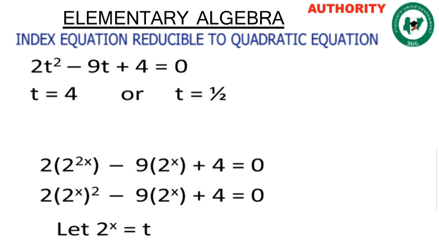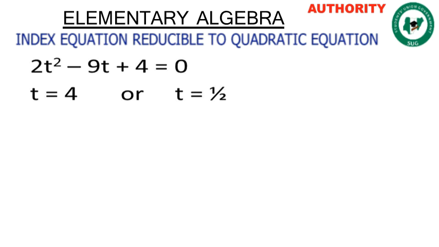So now let's see how it will look. It will be 2t squared minus 9t plus 4 is equal to 0. It is the same; we just replaced the 2 raised to power x with t. So we'll be having 2t squared minus 9t plus 4 is equal to 0.